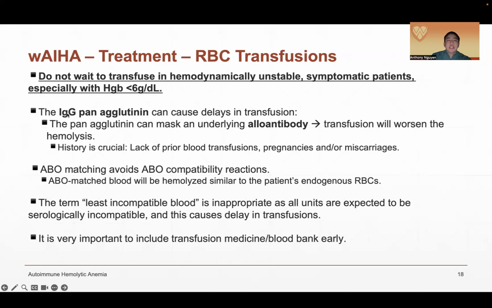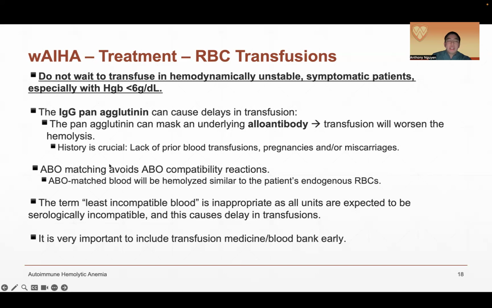The IgG antibody can cause delays in transfusions because the pan-agglutinin can mask an underlying alloantibody. So transfusions may worsen the hemolysis. So asking the patient about prior blood transfusions, pregnancies, and miscarriages is crucial.